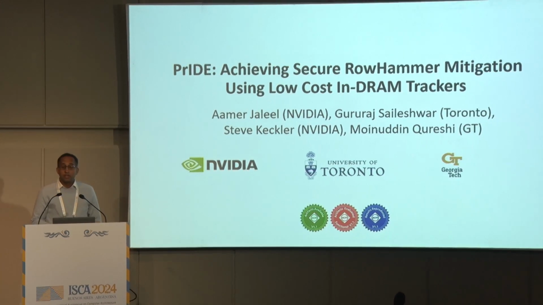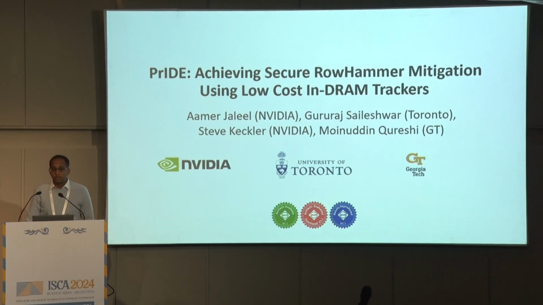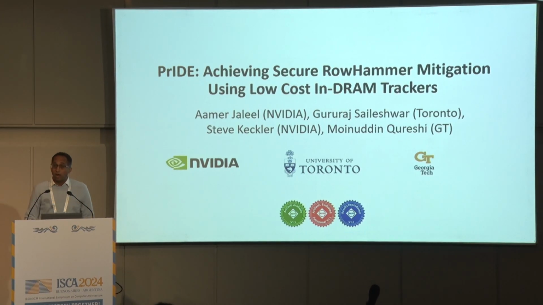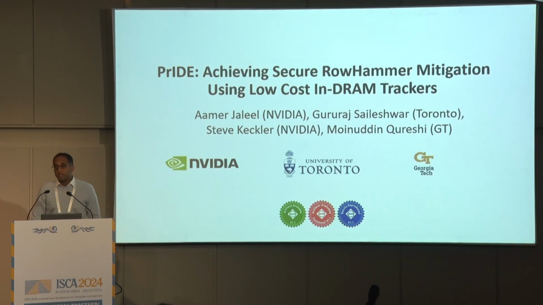So Rowhammer is a security problem that has been troubling the DRAM industry for a little over a decade now. State-of-the-art secure solutions to address Rowhammer incur a large amount of storage overhead. To address this, industry deployed low overhead trackers within DRAM, but unfortunately these low overhead trackers were defeated because they are address pattern dependent.